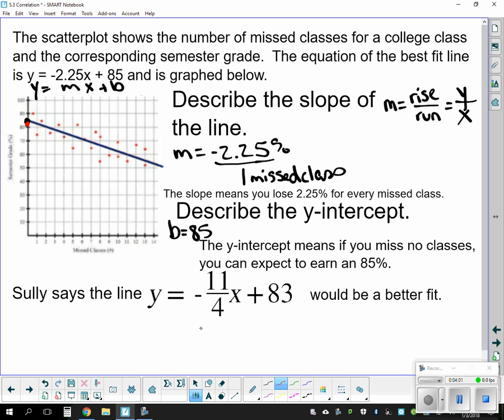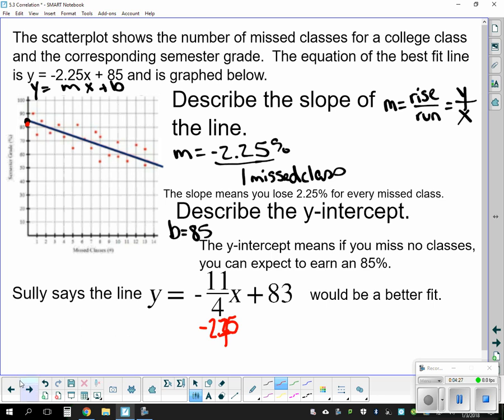Well, that's still negative 2.25. It's just in a different form. No, that's not true. It's negative 2.75. So it's a bit of a different slope. So which line would be a better fit? And the answer is there's a mathematical way to figure it out.